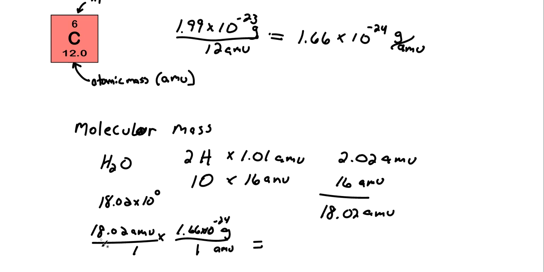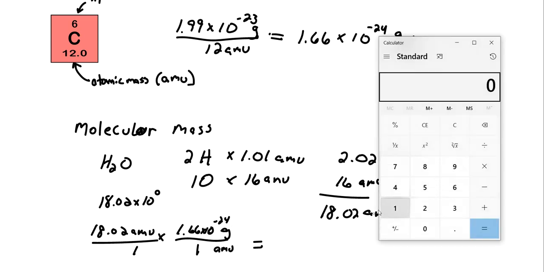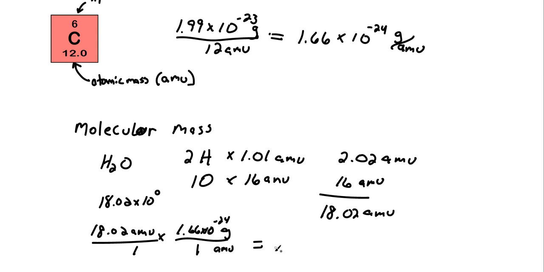So let's first multiply 18.02 times 1.66. Pull up my calculator. 18.02 times 1.66 equals 29.9. Then when we multiply exponents, we add them. Negative 24 plus 0 is negative 24 grams.